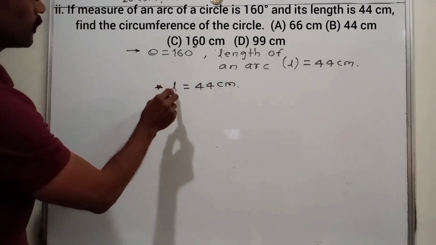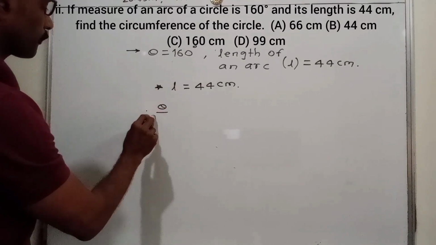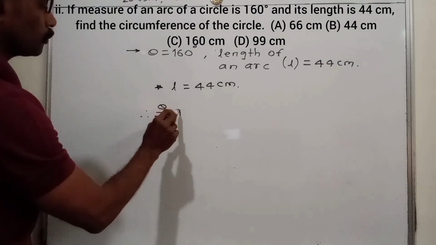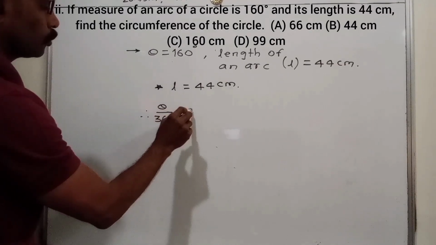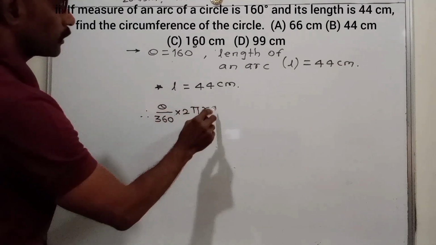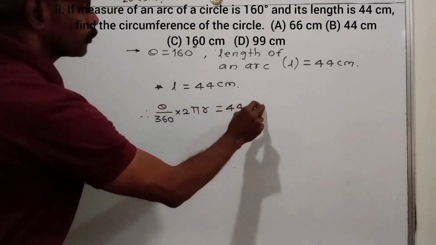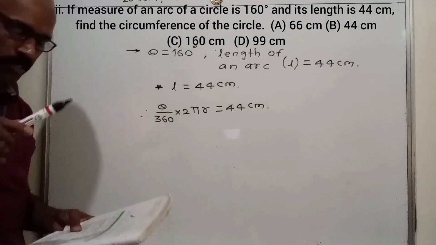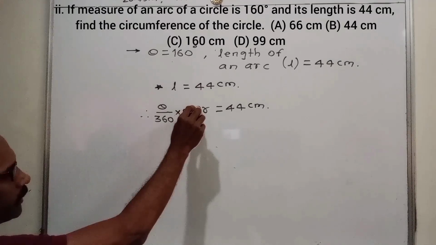Now formula for length, theta upon 360 into 2 pi r is equal to 44 centimeter. But question is find the circumference of the circle. Then it's easy. There is no need to find radius.